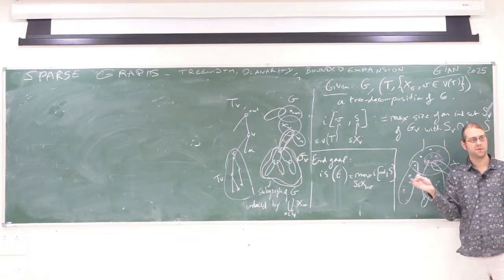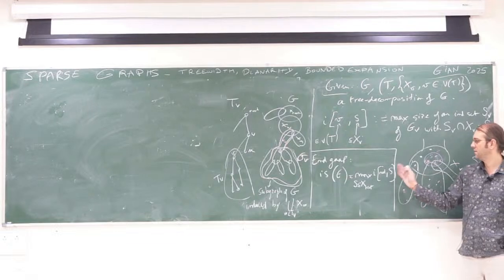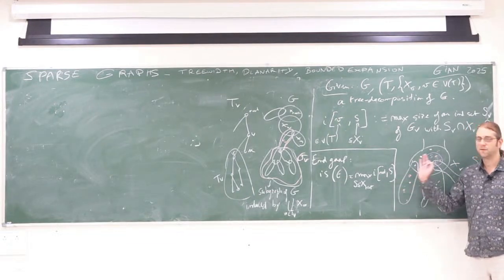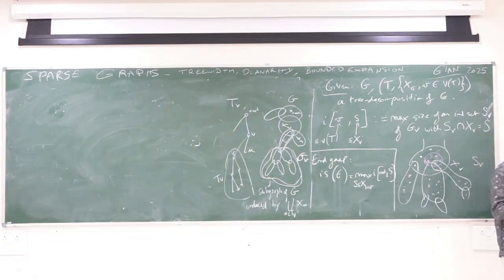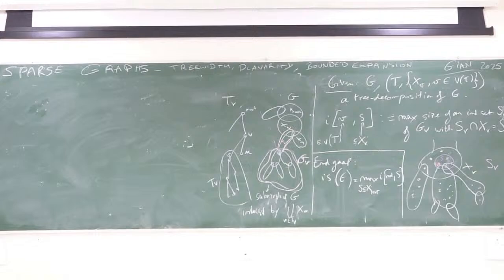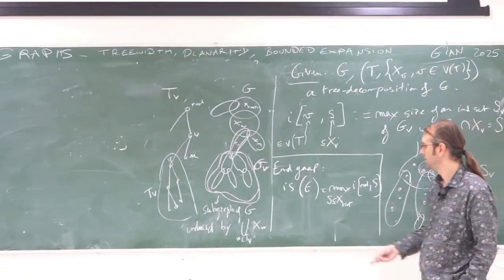I look at all the possibilities of how the independent set intersects the root, including the empty set, and I take the maximum. This is the end goal.